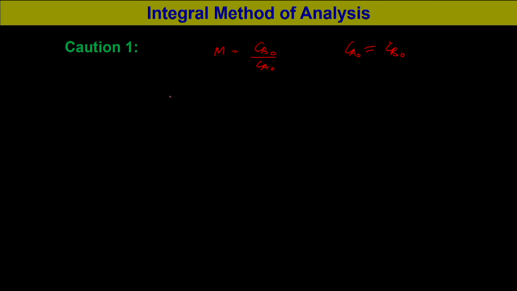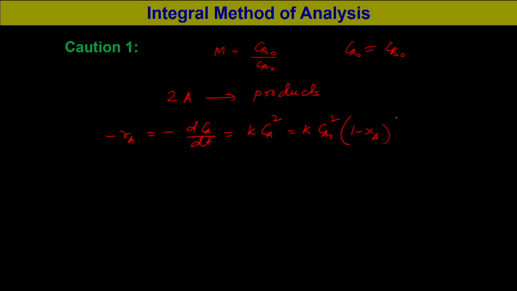Like if we have 2A going to products, in that case we will get the rate expression: minus rA would be equal to minus dCA/dt, which is equal to k into Ca square, which is equal to k into Ca naught square into (1 minus Xa) square.